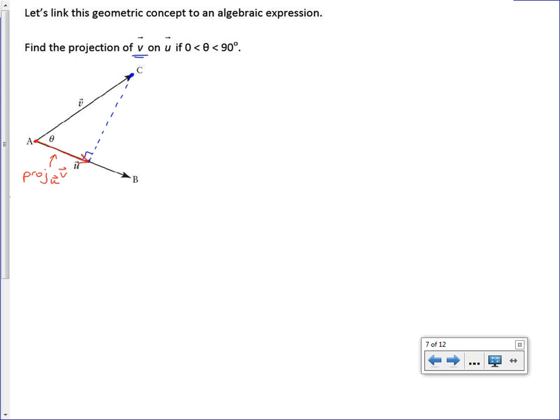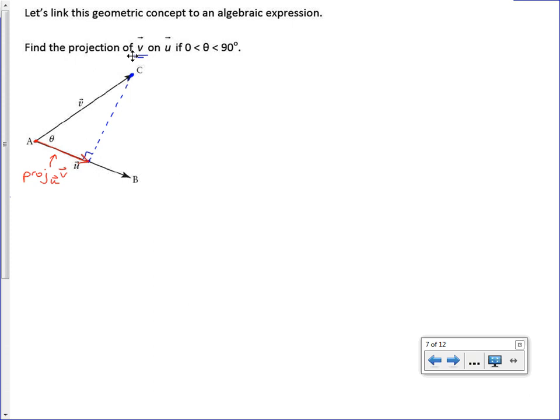Now the goal is, can you tell me what that is related to the vectors in this question? I want its length and direction. Well, the direction's easy. It is in the same direction as vector u. The problem is the magnitude part.